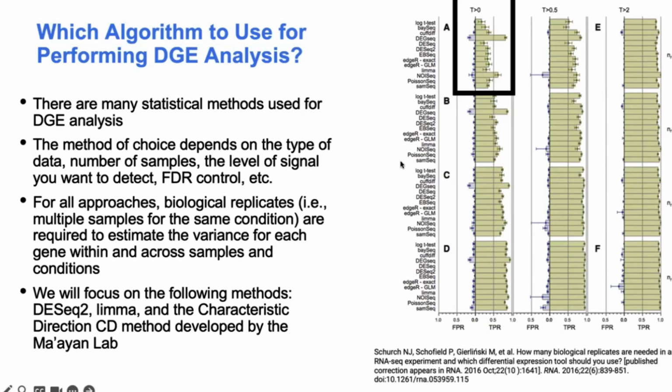And generally, the reason we care so much about the number of replicates is because all of these statistical algorithms are trying to estimate the mean and variance of some parameter, like the log fold change, from the data. And it's very challenging to do that when we have these small replicates, and that leads us to these low true positive rates or higher false positive rates.